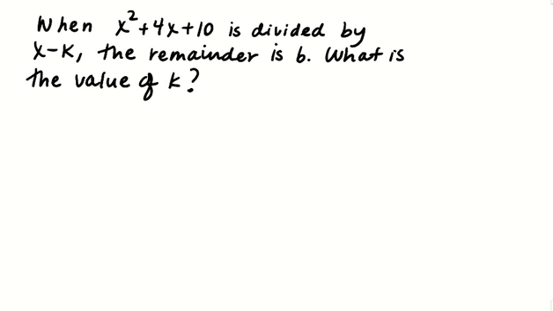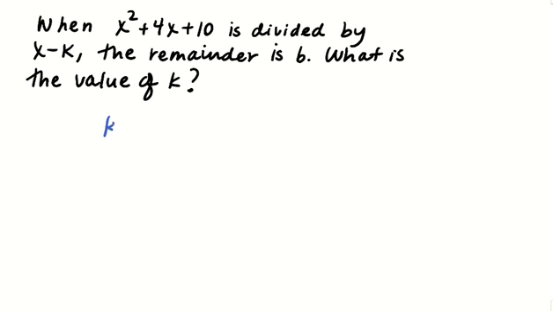So remember, again, the remainder after synthetic division is the same as f of a, whatever number you're putting into synthetic division. In this case, we'd plug in k. So that means f of k equals 6, or the value of the polynomial at x equals k is 6. So I'm going to plug in k for x.